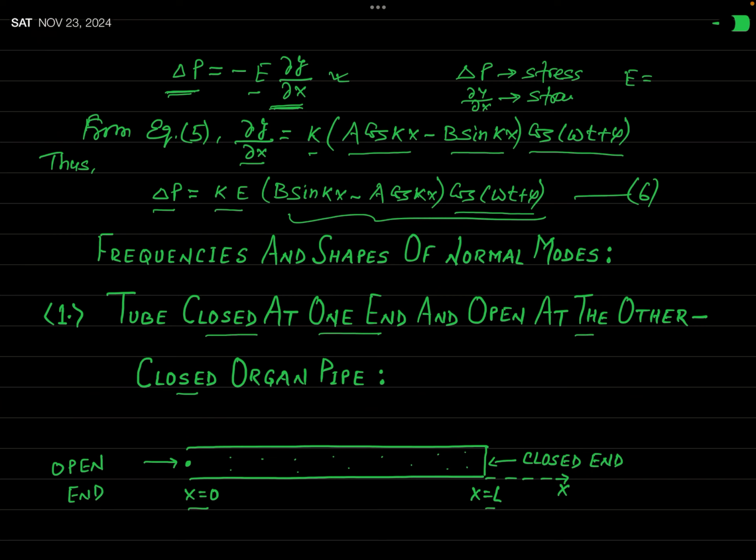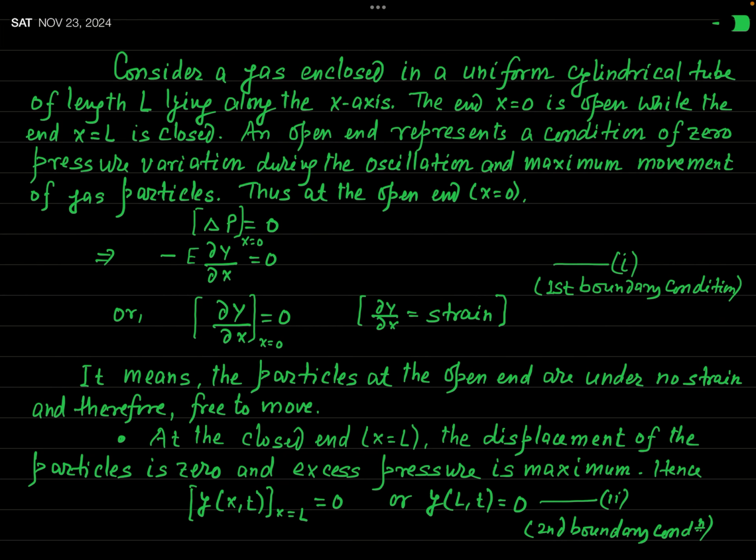And if no strain is developed, then stress will also be zero. If del y by del x is 0, this delta p will also be 0. That's why we consider the first boundary condition in this way: at the open end, that is at x equal to 0, delta p is equal to 0. But you have seen that this delta p is equal to minus E times del y by del x.